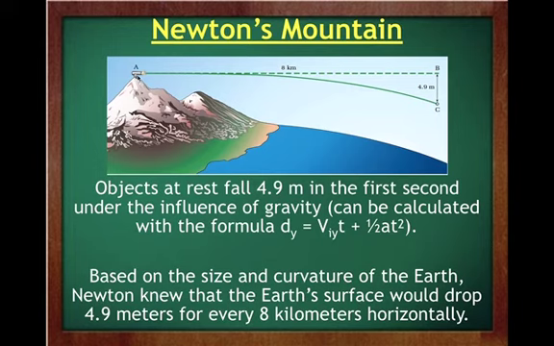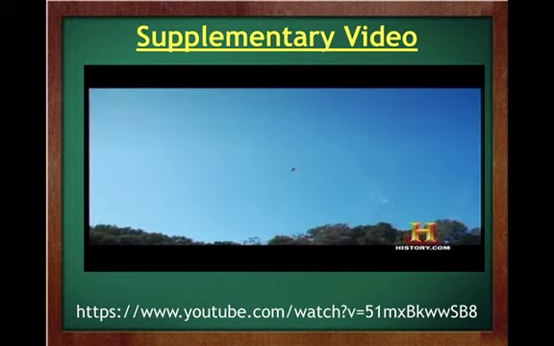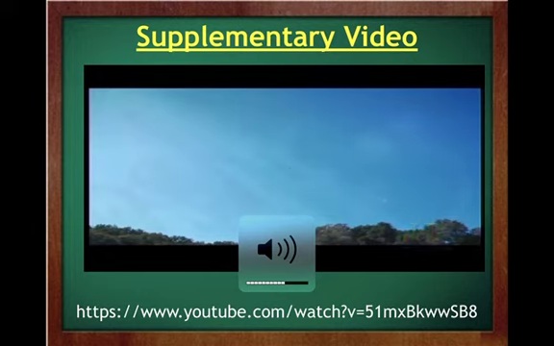All right, so if you were to shoot the cannonball out of the cannon horizontally, it would fall 4.9 meters after 8 kilometers. Okay, and that would be the idea of how they've figured out all those calculations. But what would it take to launch a cannonball into orbit?